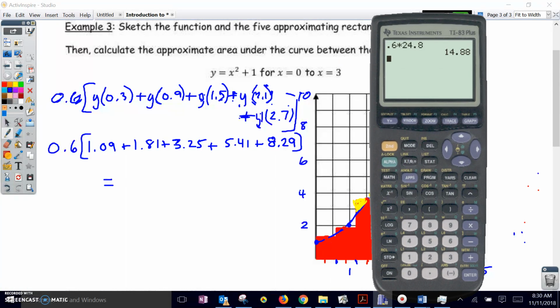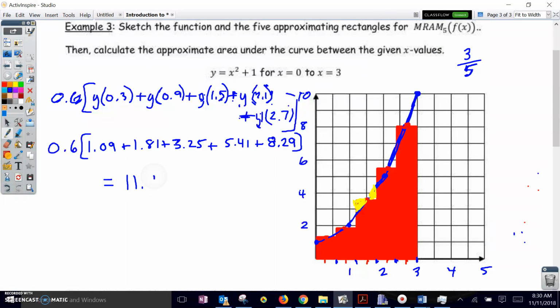I'm going to go ahead and break out my calculator. 0.6 times the quantity 1.09 plus 1.81, and we'll just go ahead and add all those together. Oops, missed my 8. And we get 11.91 as our approximation.